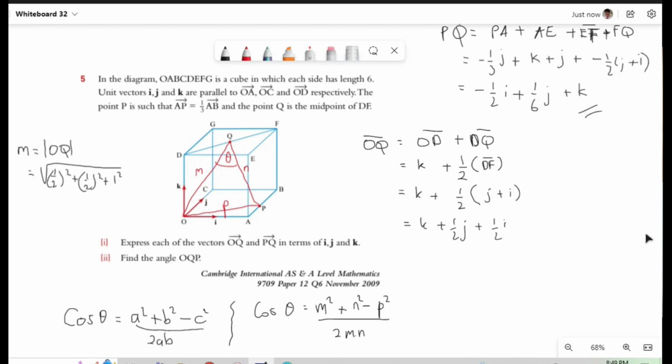And what you need to do is put all the values in the formula. After that, you find the cos inverse of that result to get the value of theta. After some computation, you will get theta equals 52.9 degrees.